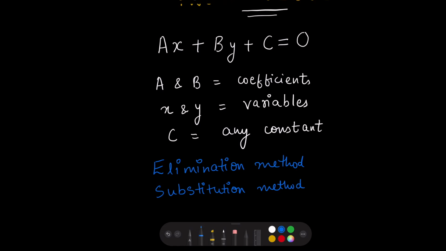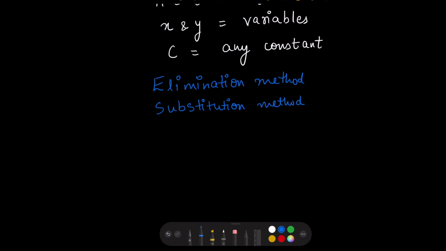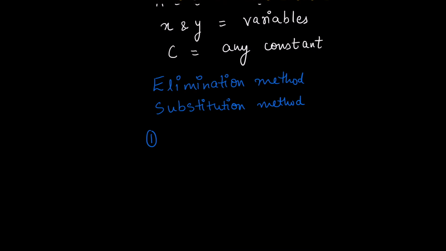So let us first begin with the elimination method. So the first problem is x plus y equals 4 and 2x minus 3y equals 2.